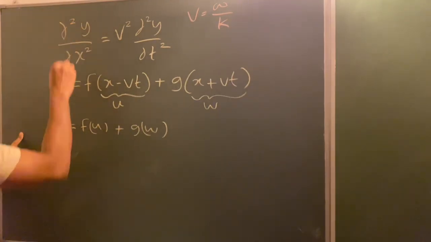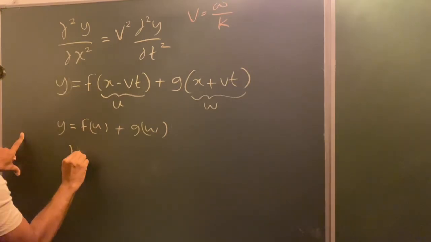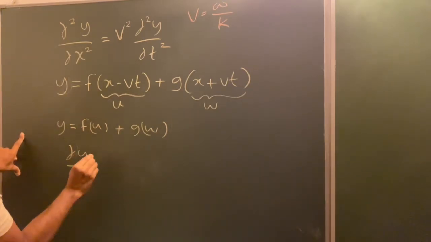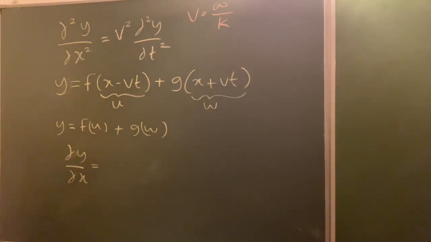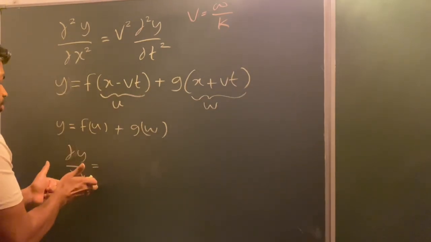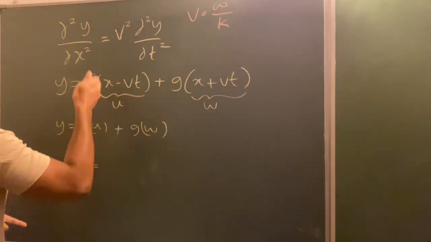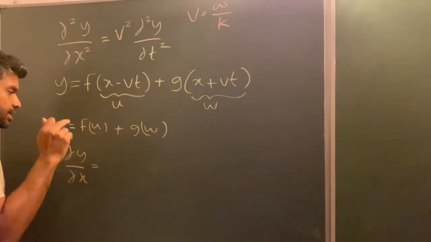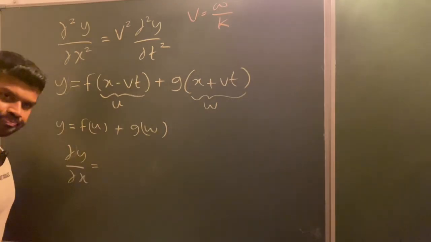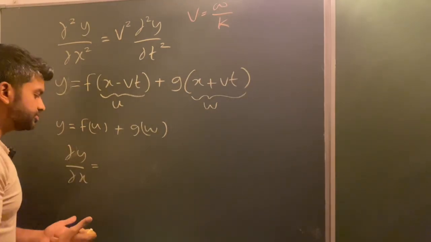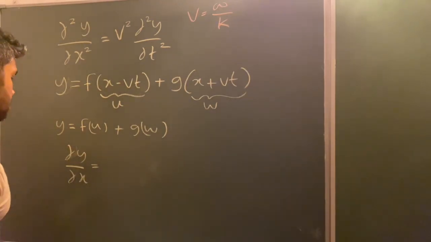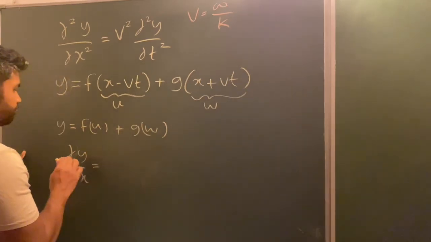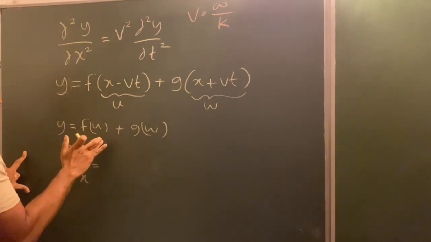So this is dabba y over dabba x. Those are partial derivatives, guys, in the sense that here it's a variable which depends on x and t, but here we assume that t is a constant. That is what partial derivatives represent. So I can just find this out, but here there's a problem.